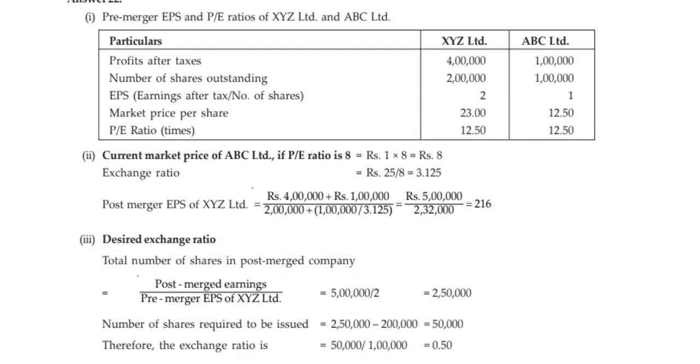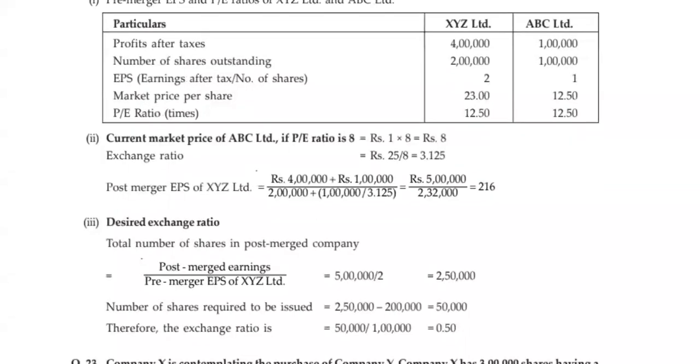Therefore, what will the exchange ratio be? 50,000 divided by ABC Limited's shares outstanding of 1 lakh. So the exchange ratio will be 0.50. If 0.50 is the exchange ratio, then the EPS post-merger and pre-merger is going to be the same. Any doubts in this?